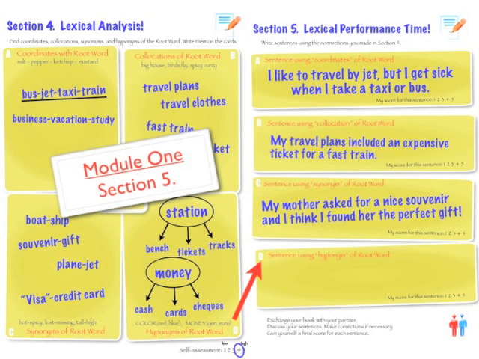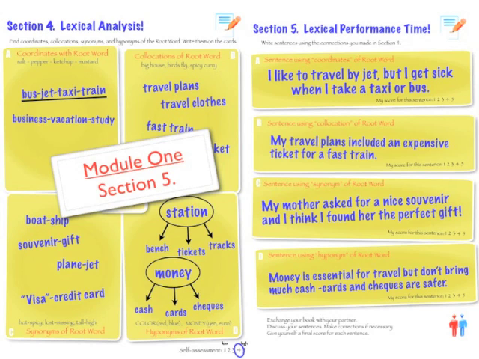And finally here, from card D, sentence using hyponym of root word. Now what did they come up with here? Money is essential for travel, but don't bring much cash. Cards and checks are safer.